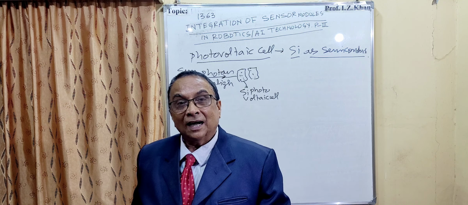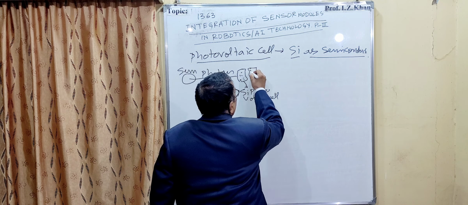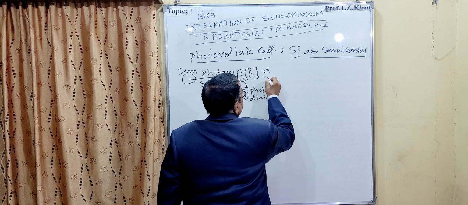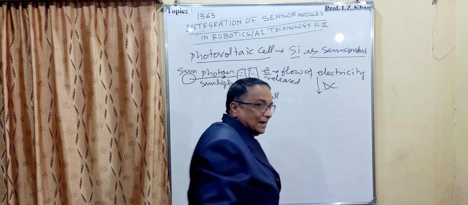This photon is nothing but a bundle of energy. It is absorbed by these silicon cells, known as photovoltaic cells. When these photovoltaic cells absorb the energy, electrons are released, and this flow of electrons is the flow of electricity. This flow of electricity is DC, direct current.